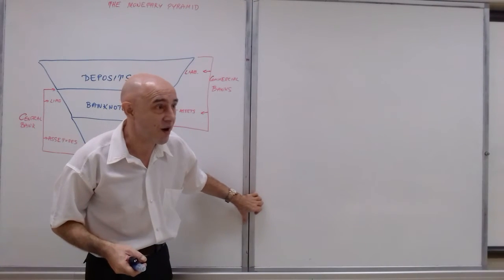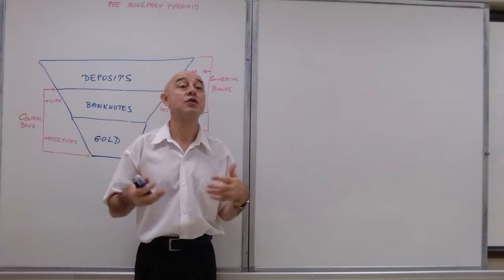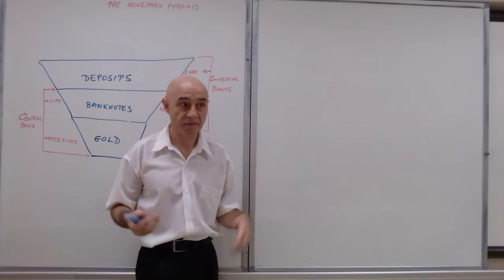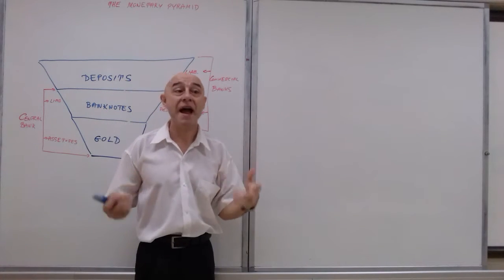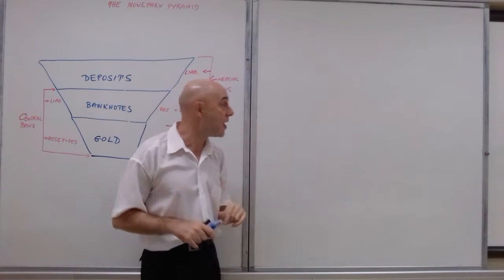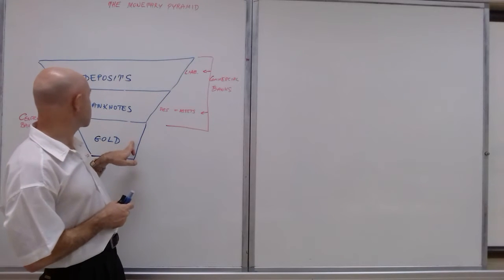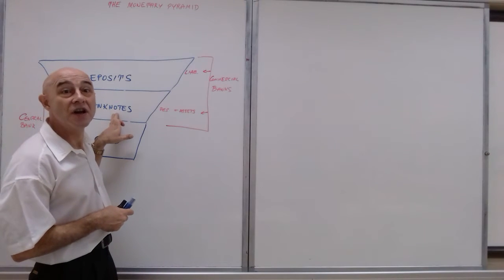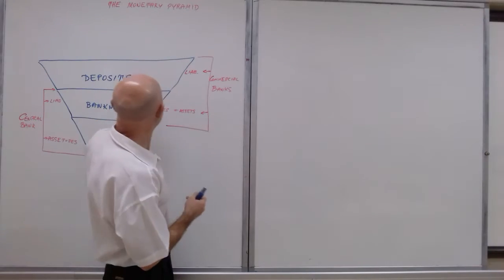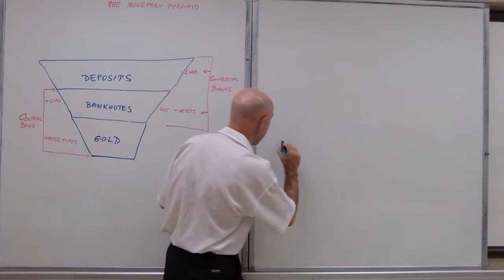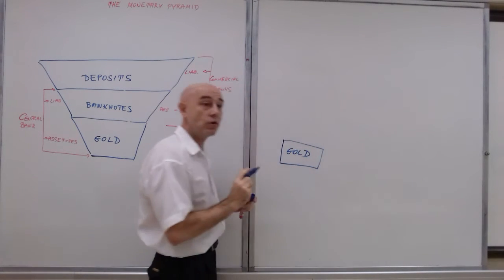First question. Suppose we have 100% reserve banking. This means that deposits will be equal to banknotes. They keep 100% of deposits equal to banknotes, and I'll add those two pieces at the same time. You have 100% reserve central bank. What is the pyramid going to look like? The pyramid will be gold.